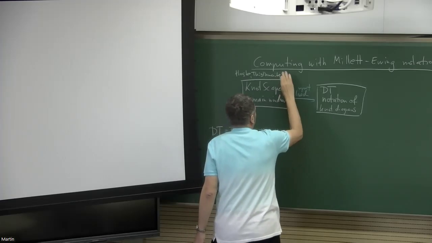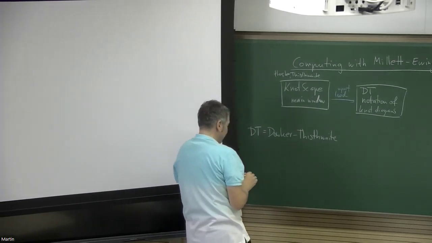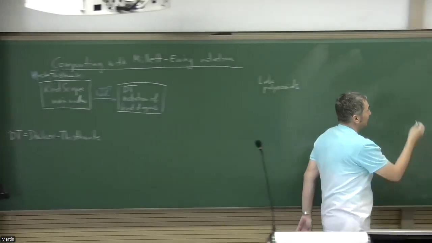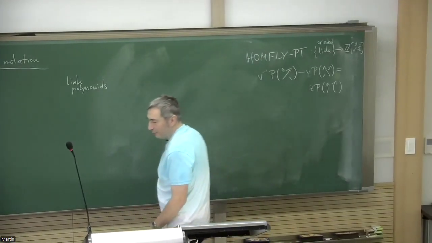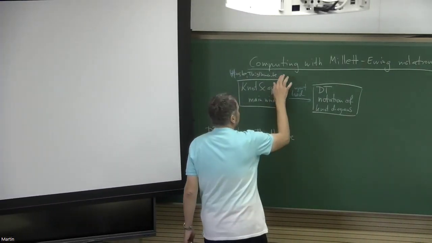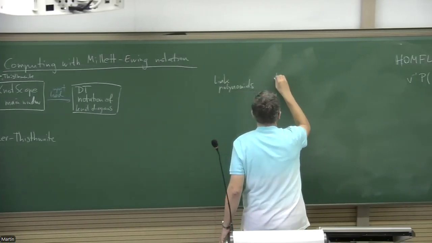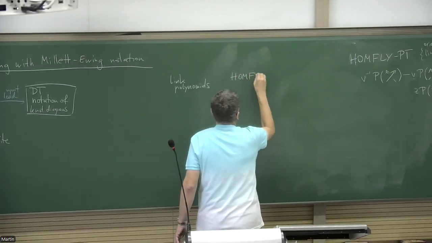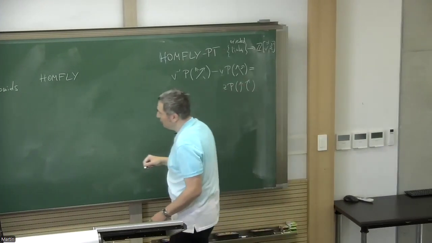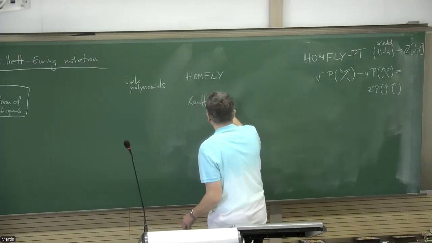Hosty is one of the discoverers, the H here, the same person. From this Homefly polynomial you can compute, and you can also compute the Kauffman polynomial.